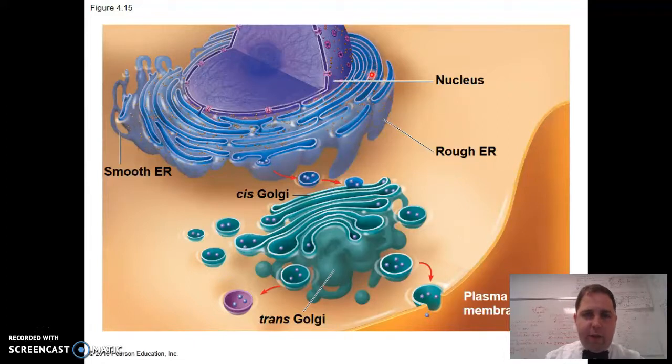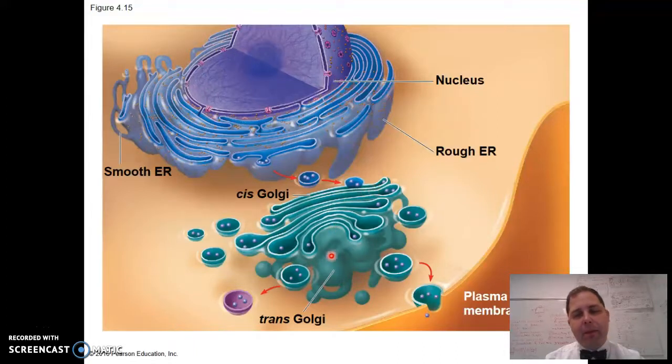So that protein will then travel through the endoplasmic reticulum, and as it travels through, it's getting folded and attachments and chemically modified until it reaches the end of the ER, and then it moves through a vesicle to the Golgi. Again, it's going to process from the cis side of the Golgi to the trans side of the Golgi, and as it does, more modifications are being made.